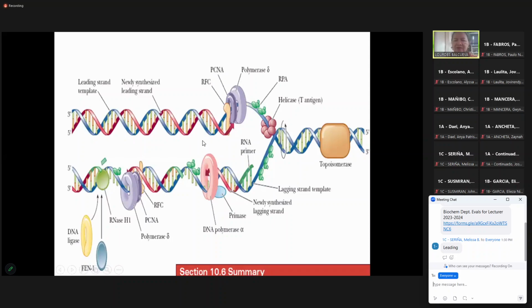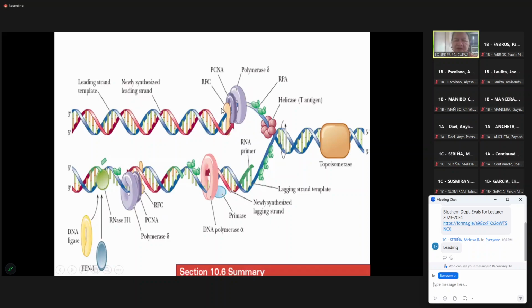In order for it not to be released, so that it can continuously synthesize, you have this PCNA that is bound to your polymerase delta. And even polymerase epsilon has it.